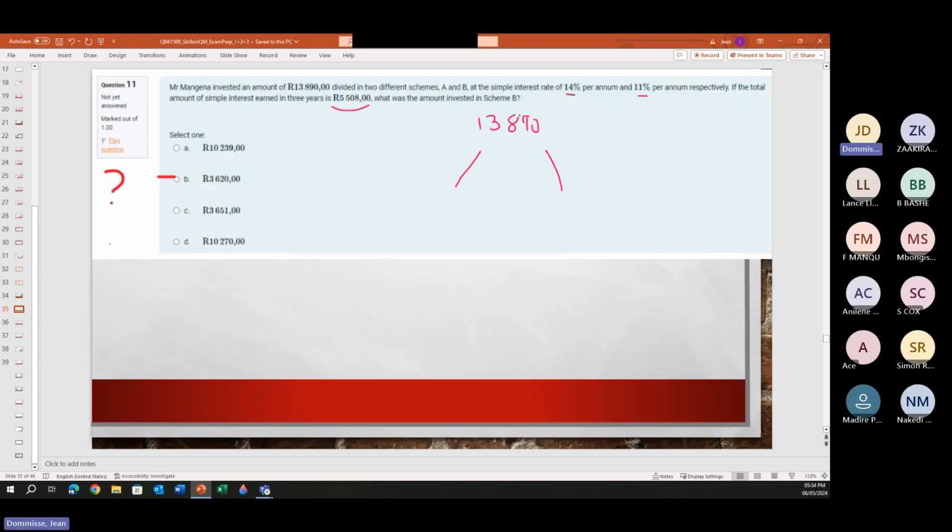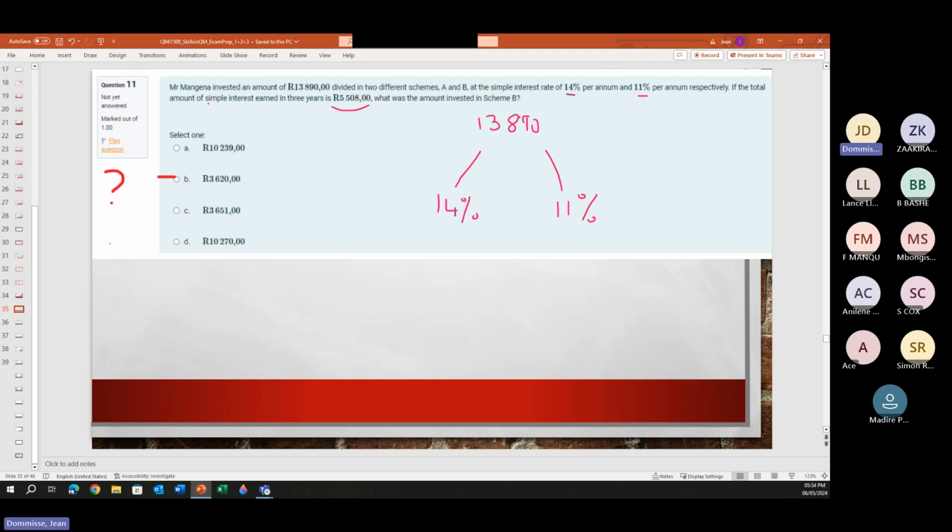Let me read this again. Mr. Mangena invested an amount that was divided into two different schemes, A and B, at a simple interest of 14% and 11%.